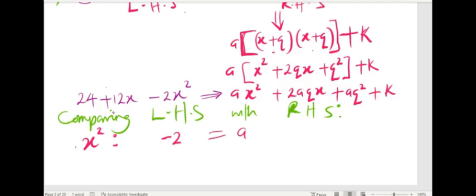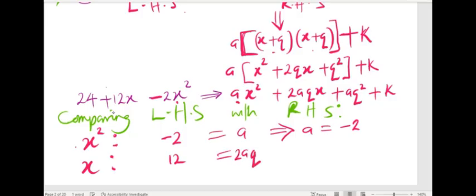So that simply means a is equal to minus 2. We have minus 2 on the left and a on the right. For the term in x, on the left we have 12, on the right we have 2aq, and we already got a to be minus 2.